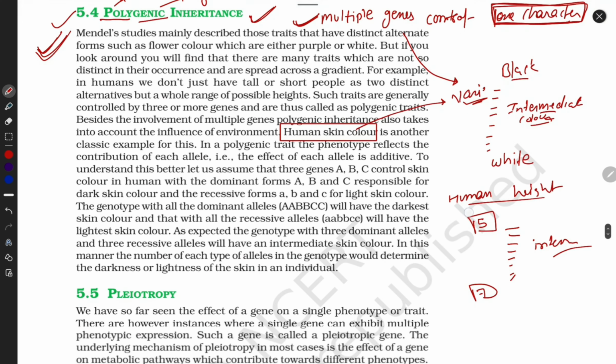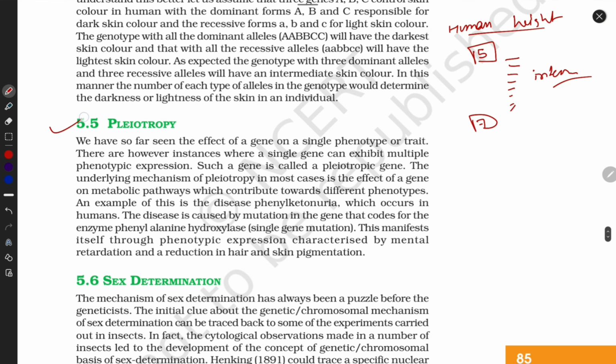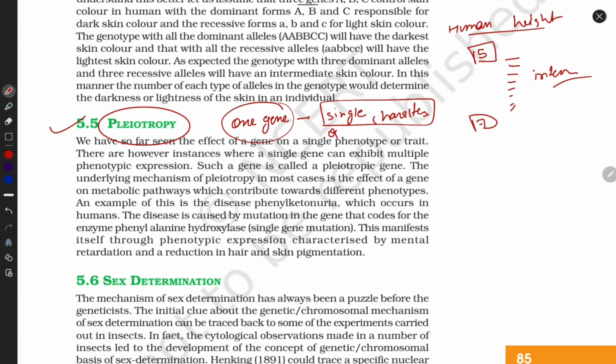Now, next topic is pleiotropy. What do you understand by pleiotropy? It means, guys, one gene controls a single character and also multiple characters.